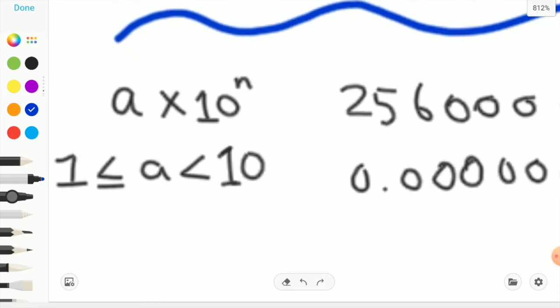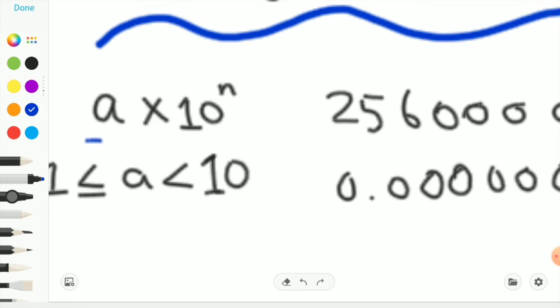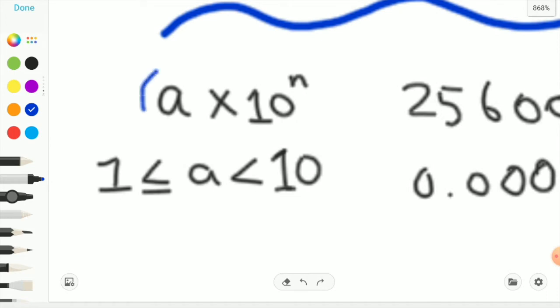Scientific notation is a number times 10 to the power of something. This a value has to be greater than or equal to 1, but less than 10. The reason it's less than 10 is because if it's greater than 10, you can put it into the exponent. We're trying to make it the most simplified possible.